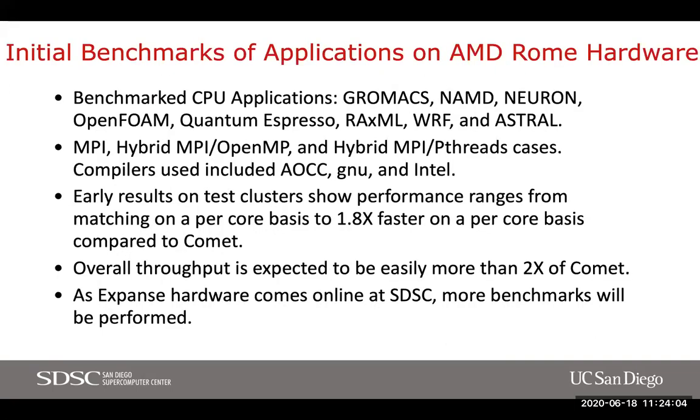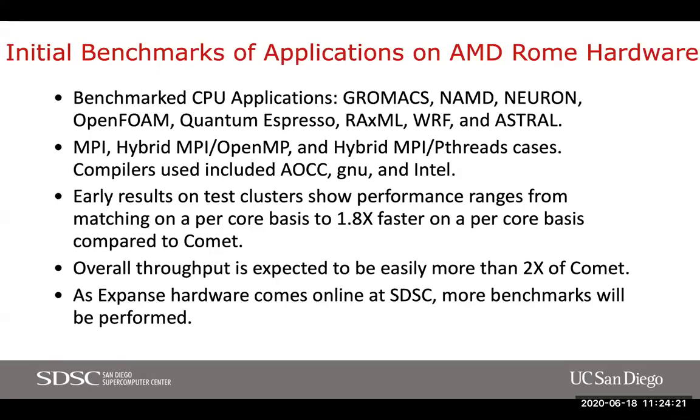In terms of what we have run, we took some of the standard applications that are running on Comet, and we've had these benchmarks for various job sizes, going from a single node.